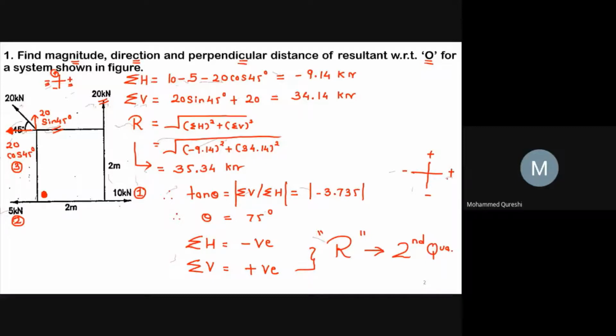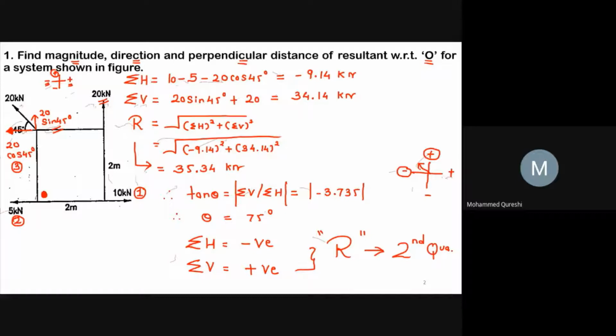Your sigma H, that is the horizontal force, is negative and sigma V is positive. Hence, our resultant will lie in the second quadrant. So here the magnitude and direction of the resultant are calculated.